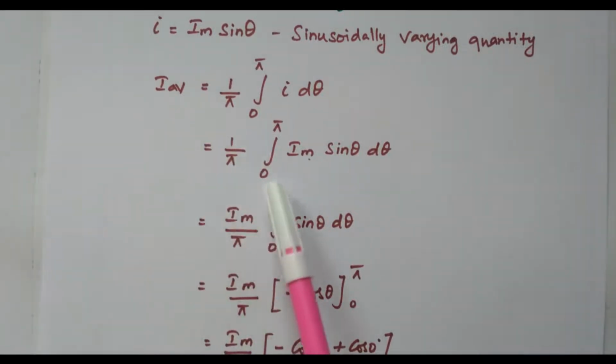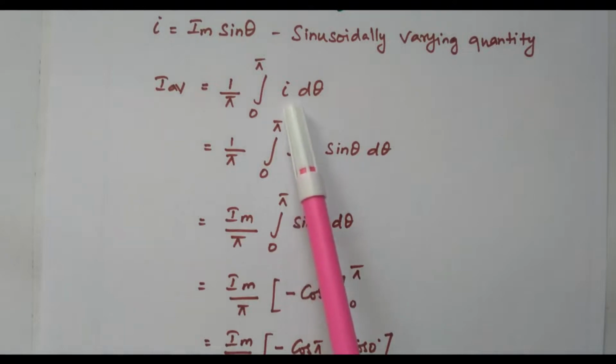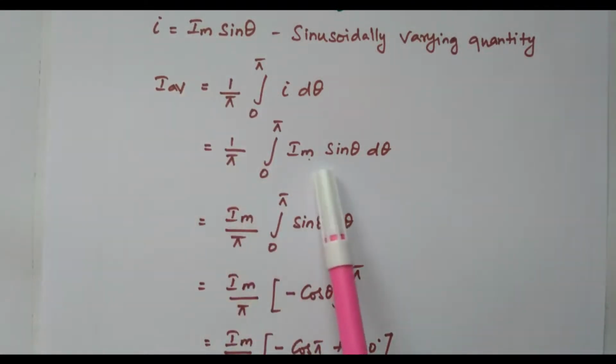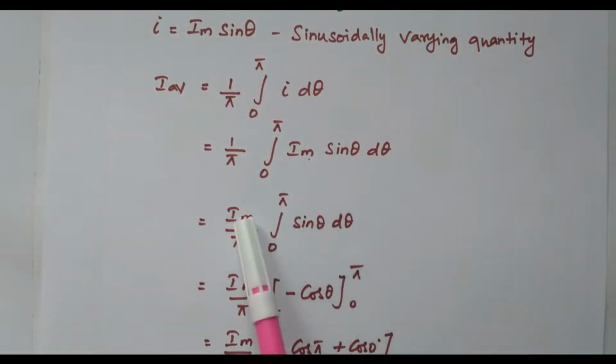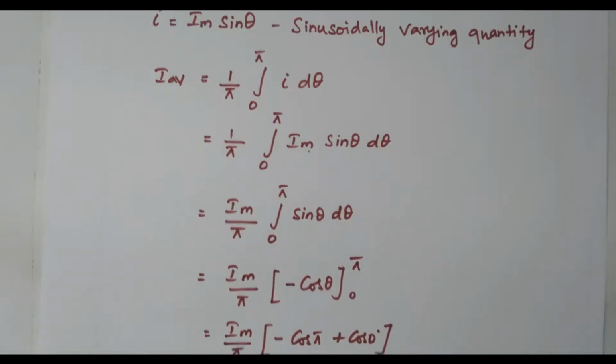So 1 by pi, 0 to pi, I is nothing but Im sin theta into d theta. This Im is constant, so we take it outside: Im by pi, 0 to pi, sin theta d theta. So Im by pi, the integral of sin theta is minus cos theta. You need to substitute the limits 0 to pi. I will substitute the limits.